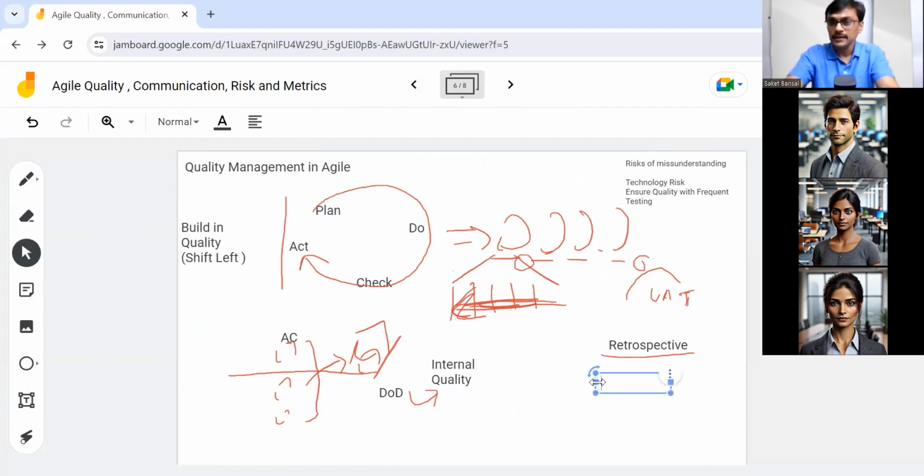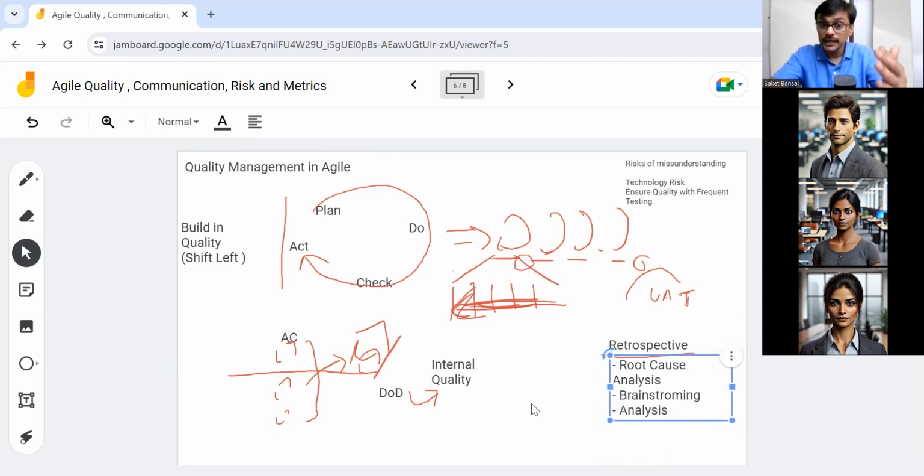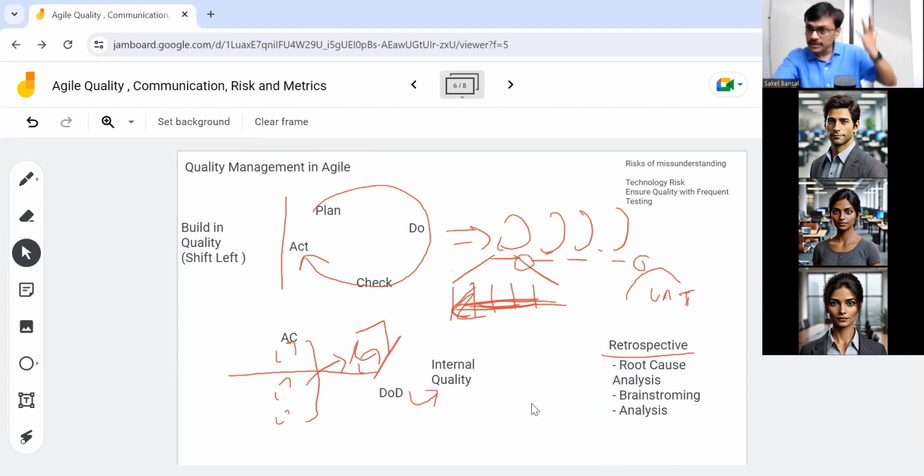Here you may apply quality tools like root cause analysis, you may do brainstorming, you may analyze your work as a team, and then find out what to do next, which can result in improving your definition of done by adding some more checkpoints.